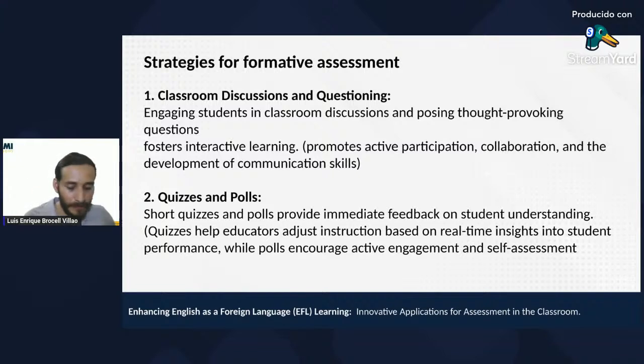Quizzes and polls are my favorite for real-time feedback. They can take this like a game, like a competition, okay? There are several platforms that we can use, for example Quizizz, Kahoot, Nearpod, and so on, for giving quizzes and polls in real-time in our classes.